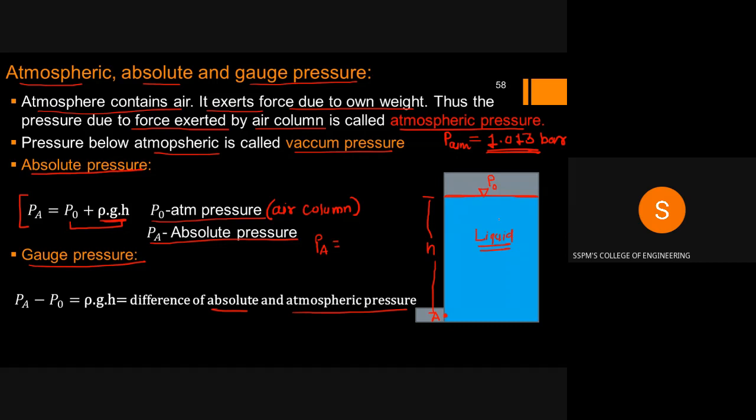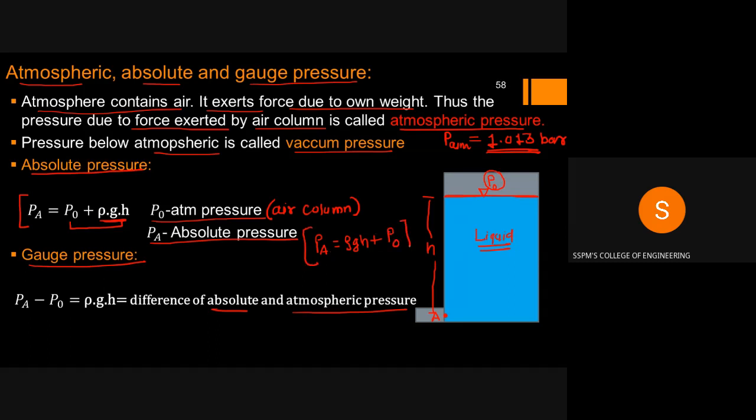This is equal to the pressure because of the liquid column. So this pressure is rho gh, this is called the gauge pressure, plus the pressure of the air, which is P naught, that is called atmospheric pressure.